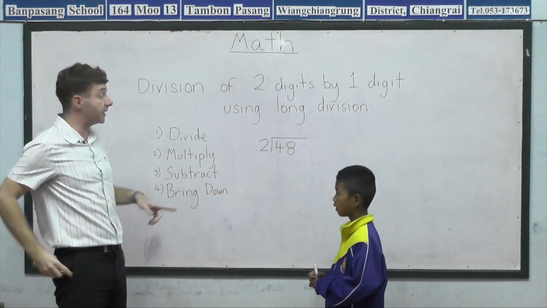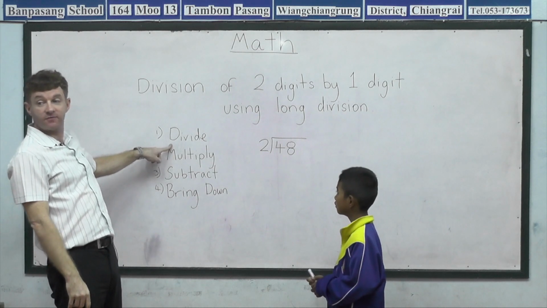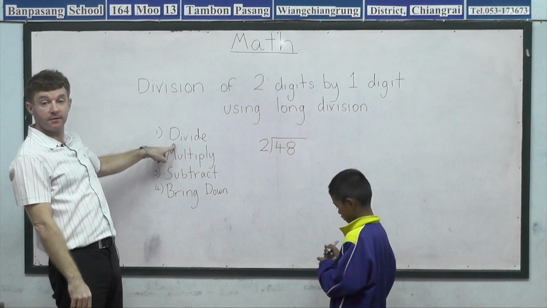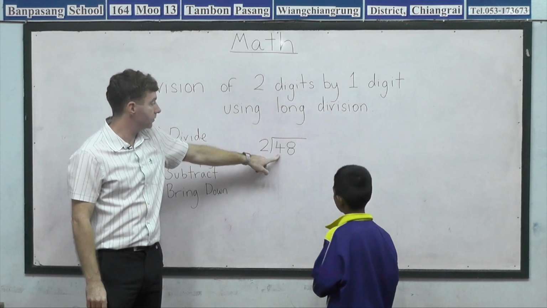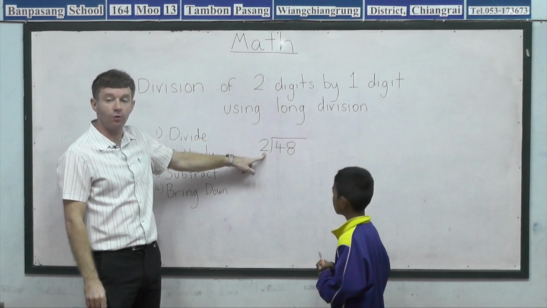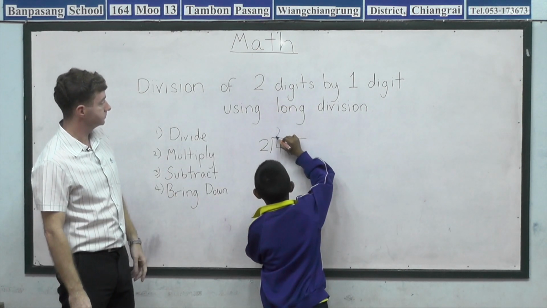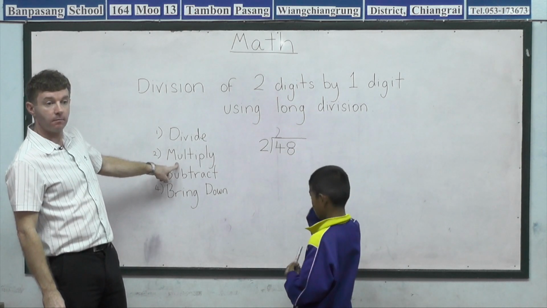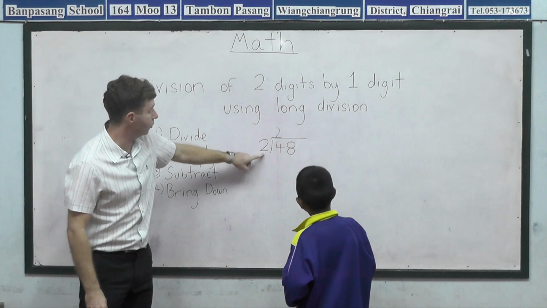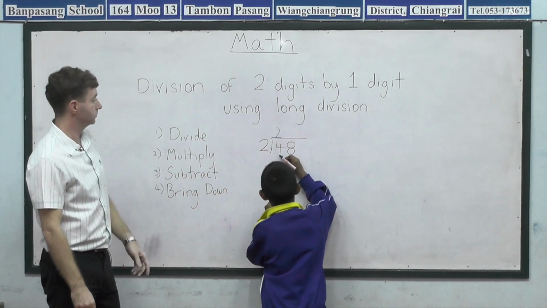So guys, what's step 1? Divide. 4 divided by 2 equals 2. Excellent. Step number 2, multiply. 2 times 2 equals 4.